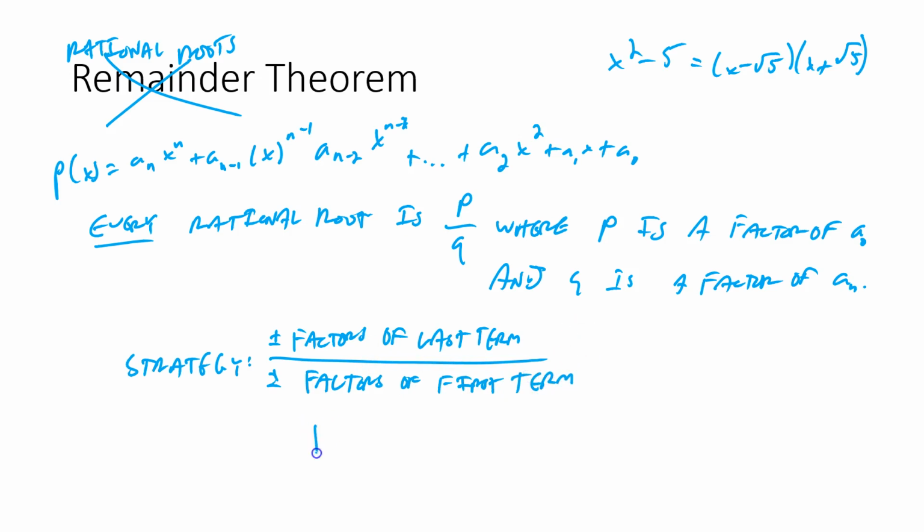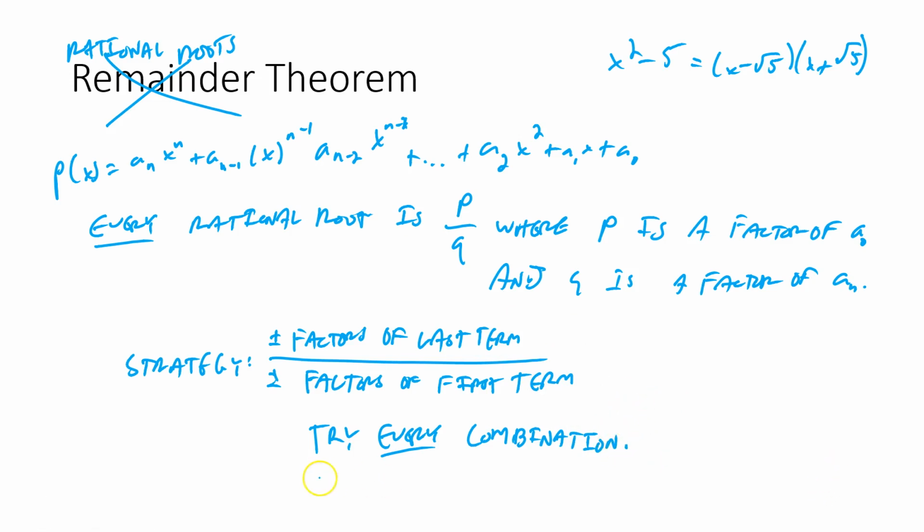And then we're going to try every combination. And what do we know about our roots? If we plug them in, what should they give us? If we have any root, when we plug it in, it should give us 0, right? So try every combination of the factors of the last term divided by the factors of the first term. And this will give you every possible rational root.